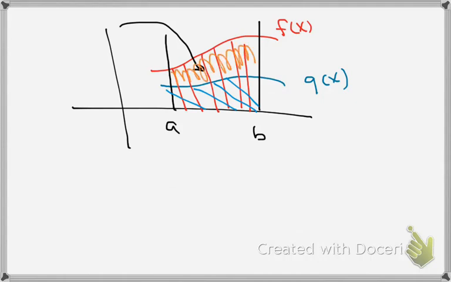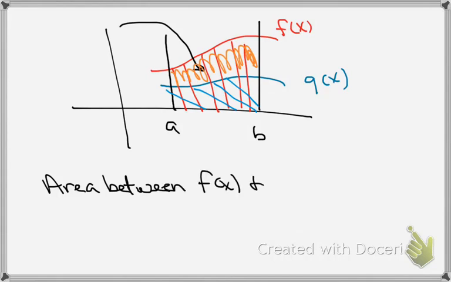All of that in there. And so it looks like if I knew the areas of all these functions, it would be true that the area between f of x and g of x would be something like the area under the curve f minus the area under the curve g.